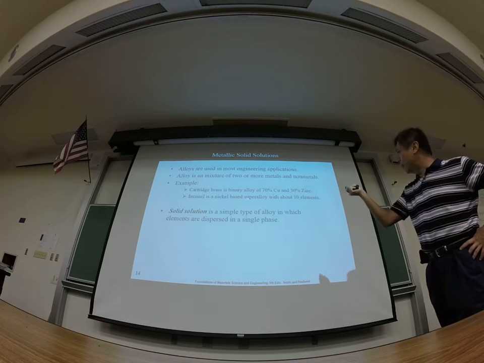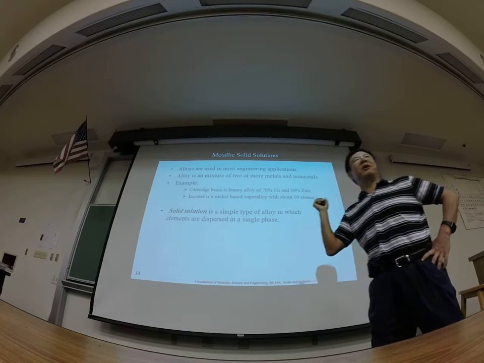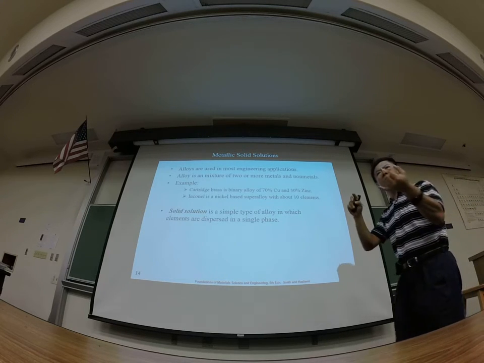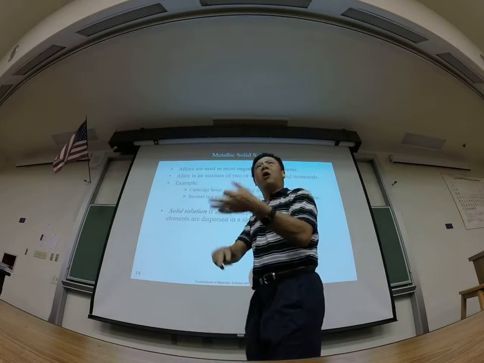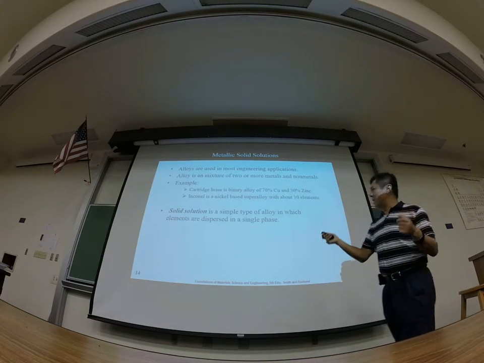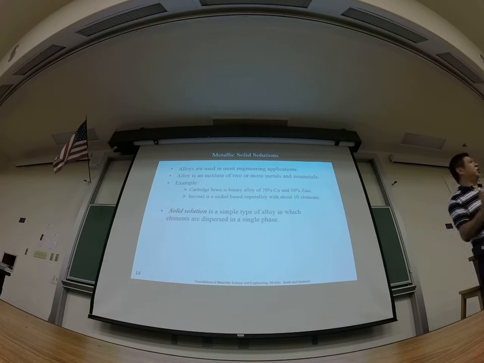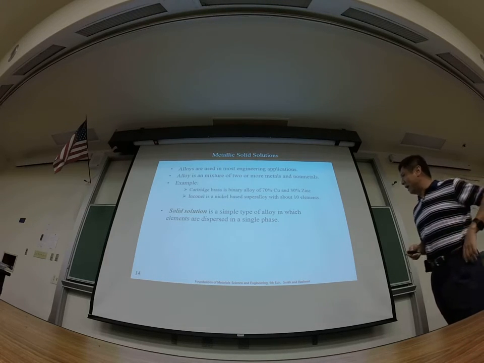We call that a super alloy. I will tell you why later, a very unique property. In that alloy, most of the component is nickel, but we also have many other elements, including chromium, iron, carbon, and some others. That makes the mechanical property of Inconel really desirable for many applications.